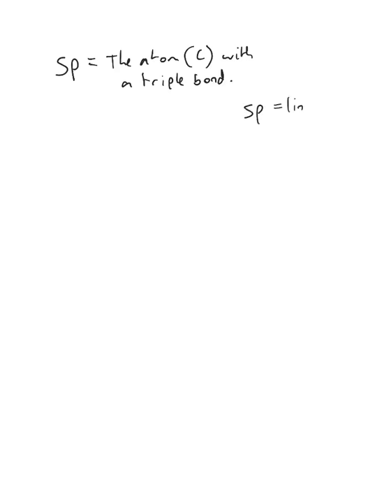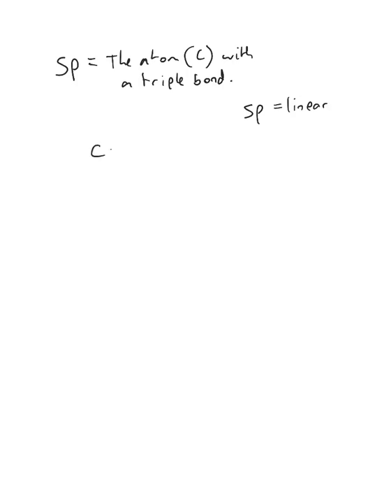Finally, we get to the sp orbitals, which is the atom, in this case carbon, with a triple bond. Right? And sp carbons are always linear. Now, just like sp2 had one more p orbital hybridized versus sp3, it means that there are two p orbitals that are not hybridized in sp.